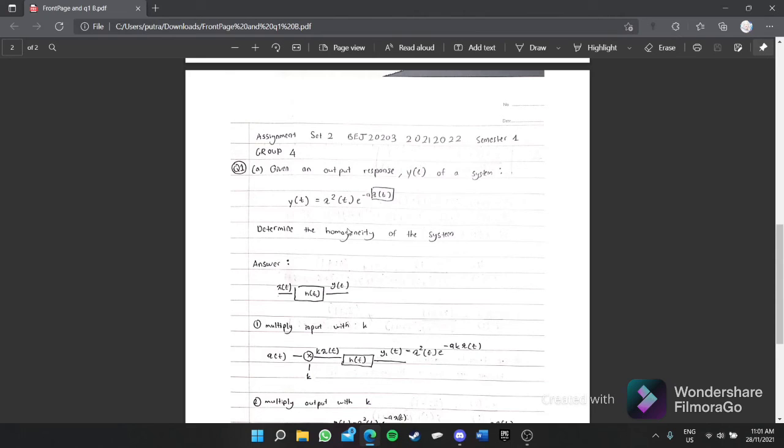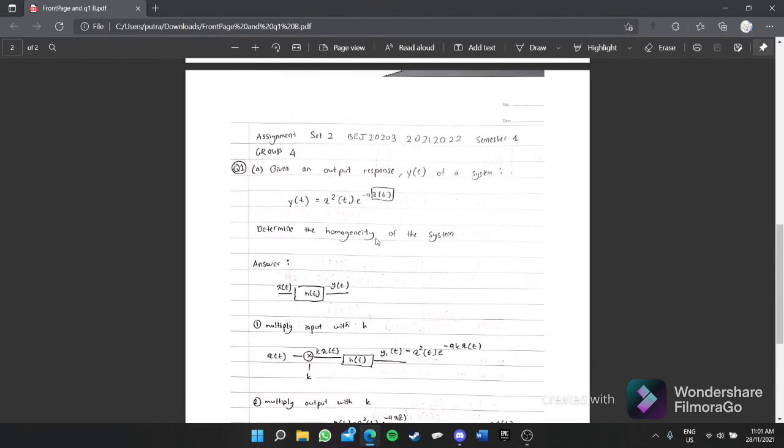As we know, a homogeneity system is a system which produces an output y(t) for an input of x(t). So we must determine whether y1(t) and y2(t) are similar or not to determine the homogeneity.